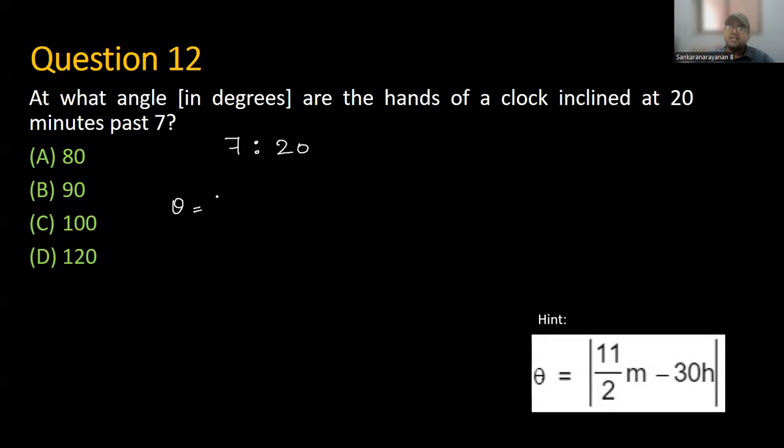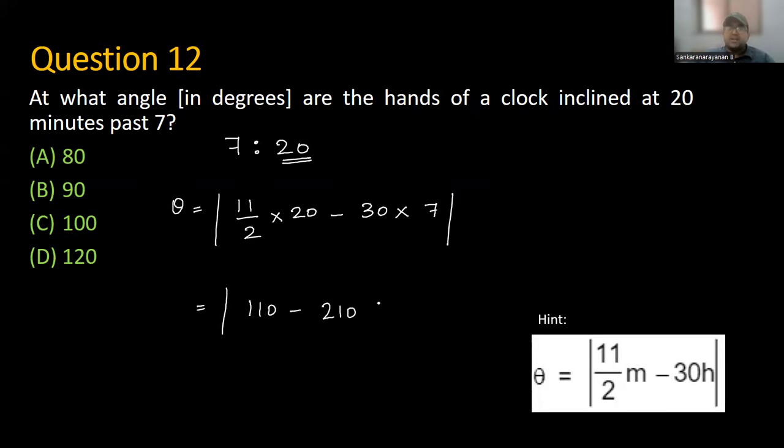So theta is equal to 11 by 2 times 20, instead of m you put 20 here, minus 30h, and h you can consider here as 7. So the value will be 110 minus 210, and taking the modulus, it will be minus 100. Modulus of minus 100, taking the absolute value, comes as 100 degrees. So for this question, option C, 100 degrees, is going to be my answer.